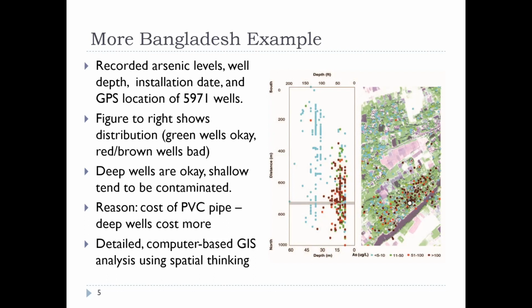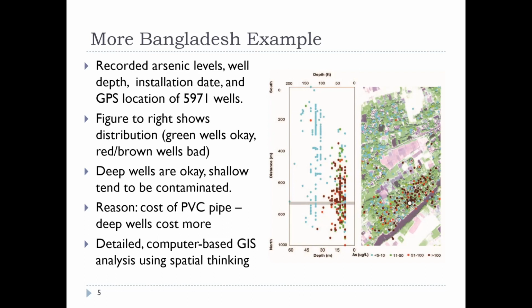Well, why was that? Because PVC pipe to drill deep wells, to have a deeper well, is expensive. Okay, and so if you could get away with a shallow well, most people maybe could only afford a shallow well. The problem was that the shallow wells ended up with the arsenic contamination.